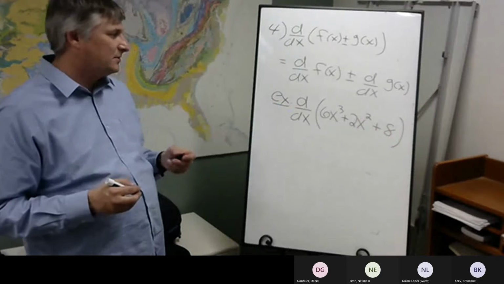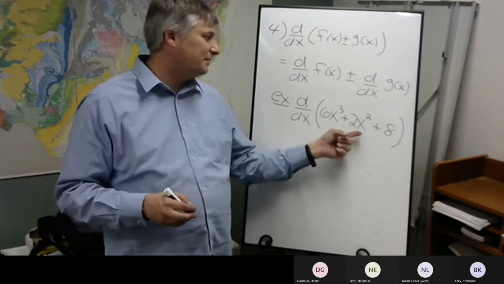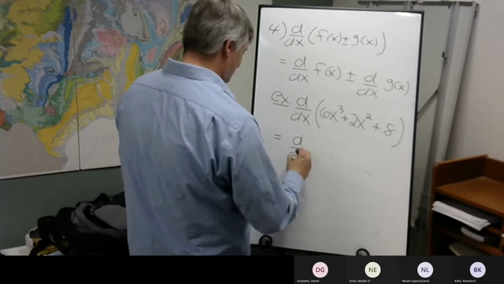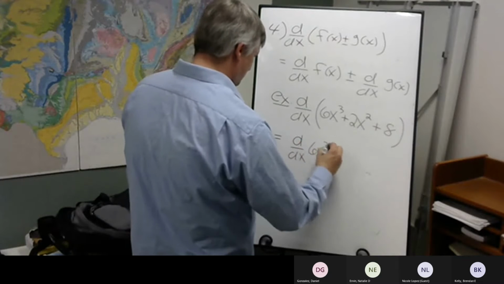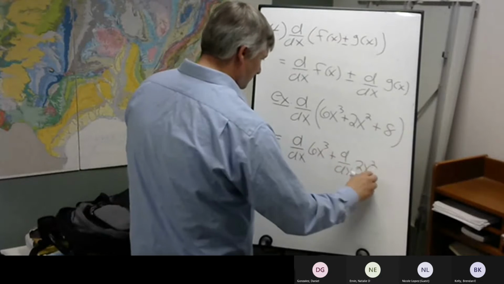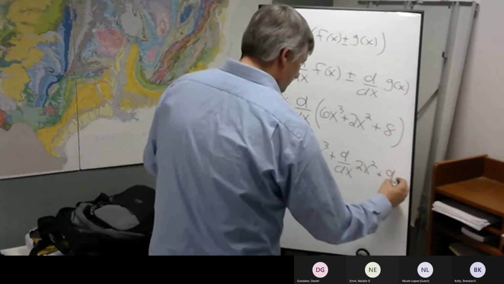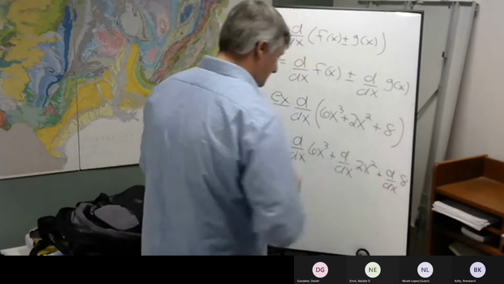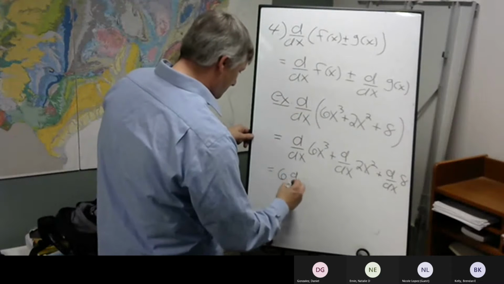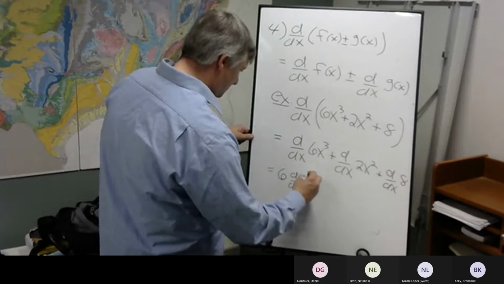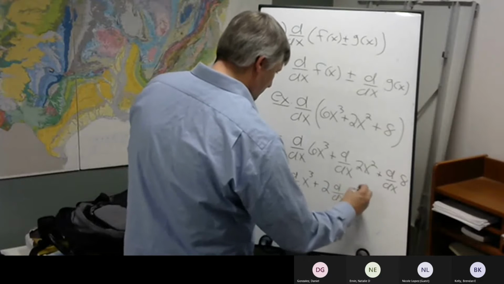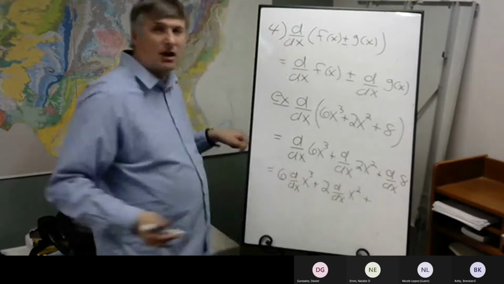So what this means is we can take this derivative and basically distribute it to each term, letting the constants pass through. And the derivative of just a constant is 0.